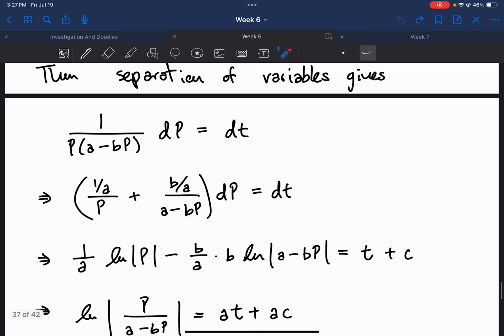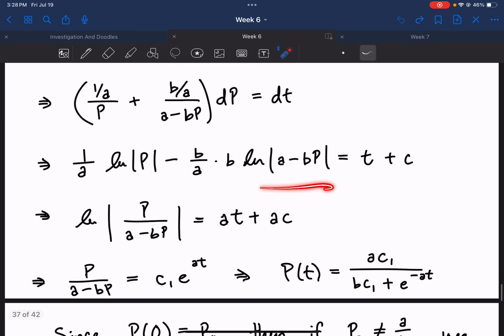Then integrating both sides, this becomes 1 over a times natural log P, and you get a minus sign out of the chain rule, minus b over a natural log of (a minus bP). And then over here you get t plus C.